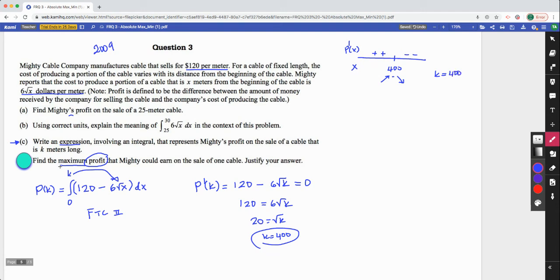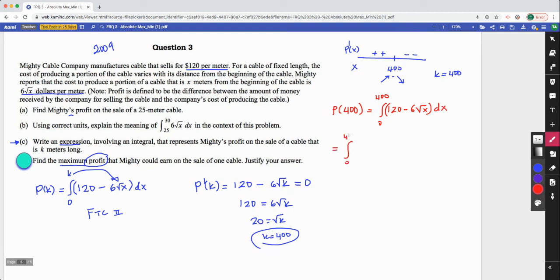But the question is asking us for the maximum profit. So basically we need to find the function value at 400. So we just go ahead and place this 400 in function P, the integral from 0 to 400 of 120 minus 6 root x dx. Okay, let's go ahead and evaluate this.